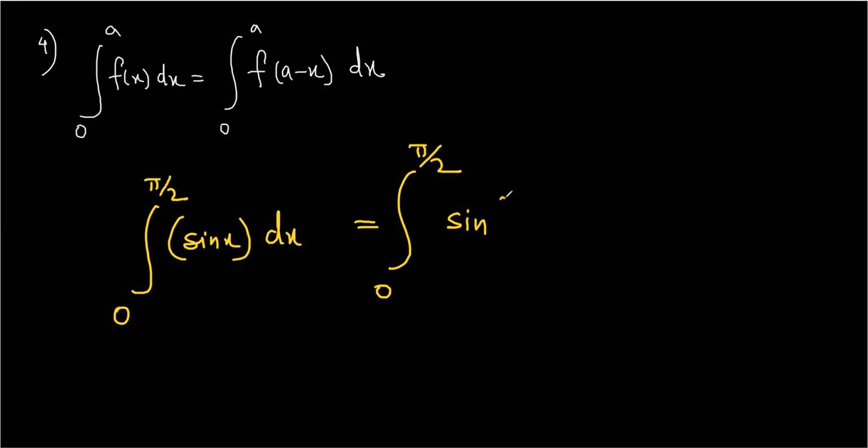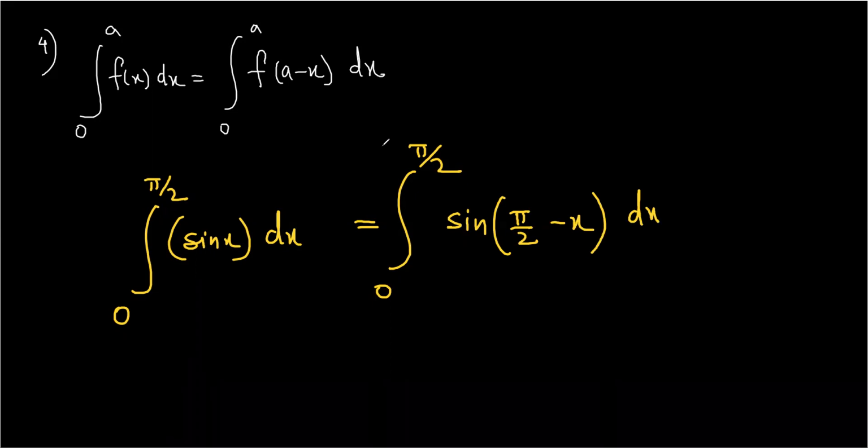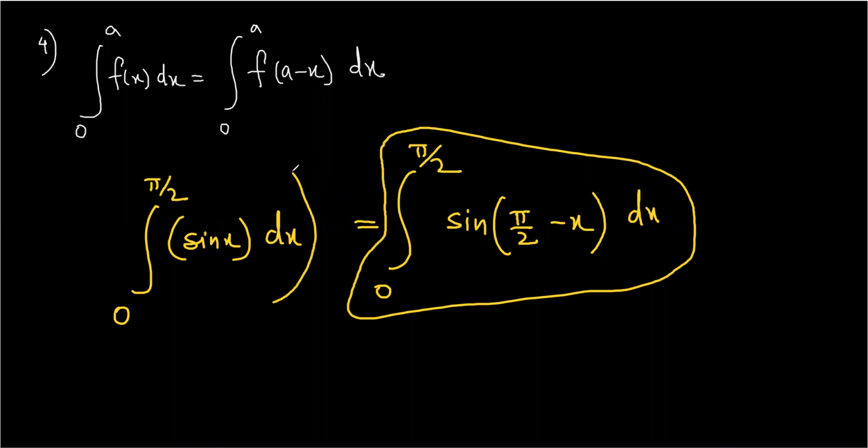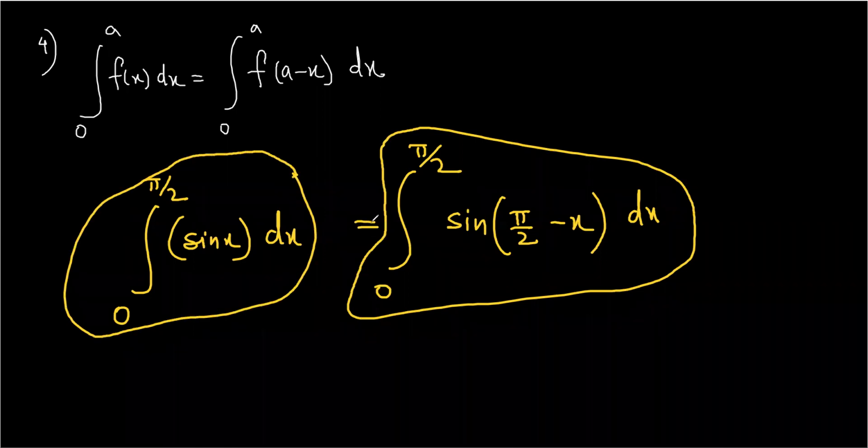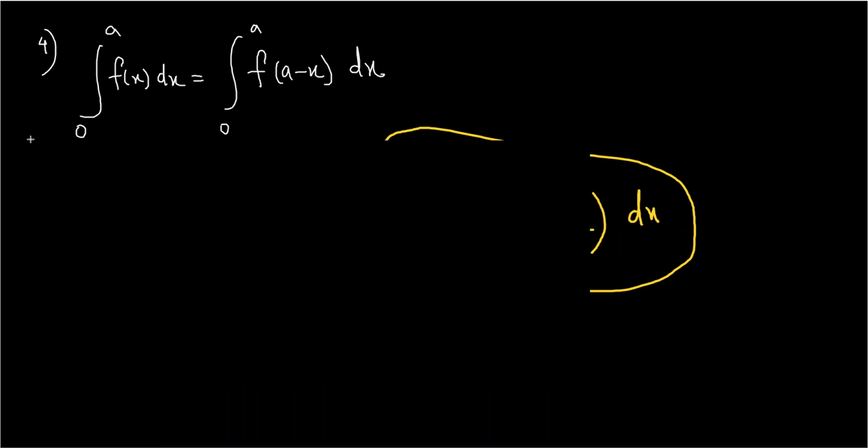So I will write the variable as upper limit minus x. Now, in this integral and this integral, they will have the same value, that is, they are equal. That's why we have this equal to sign in between. So this is an example for property number 4.